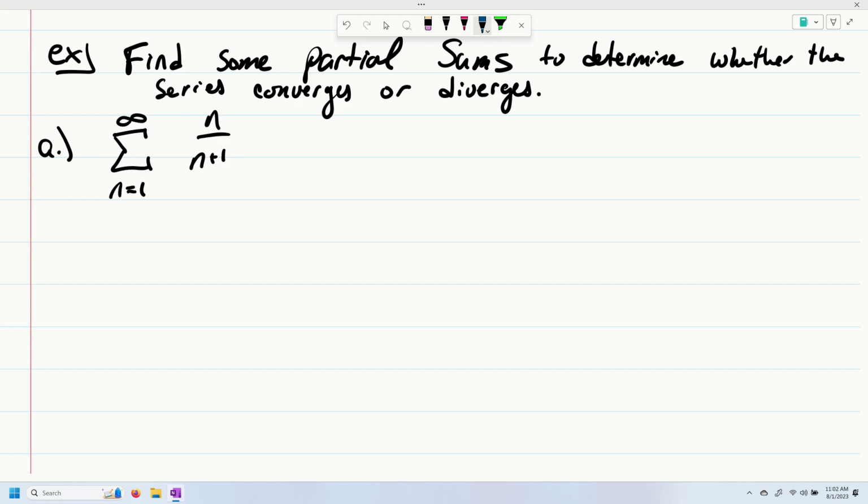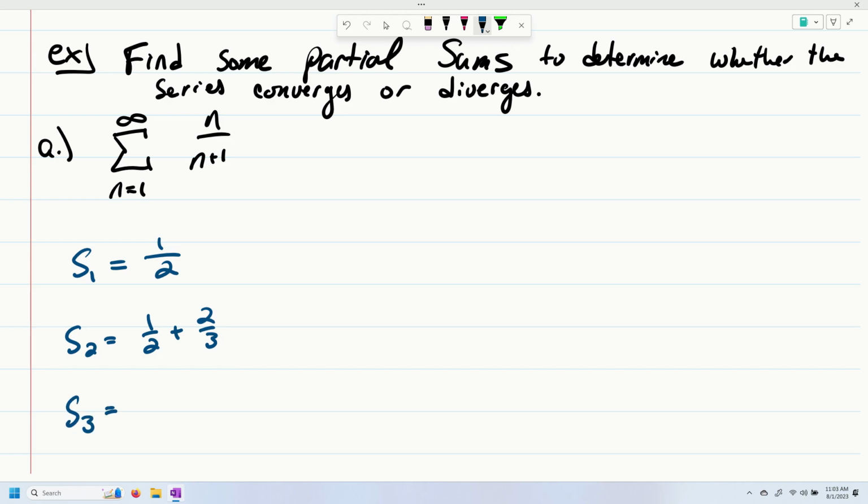So for the first one here, when n equals 1, we get 1/2. When n equals 2, we get 1/2 plus 2/3. Remember, we're adding these terms up as they go.